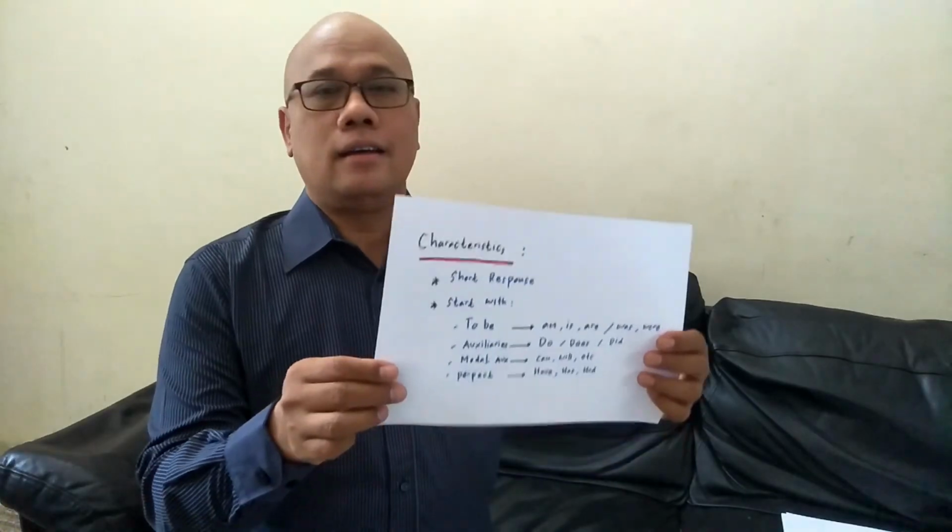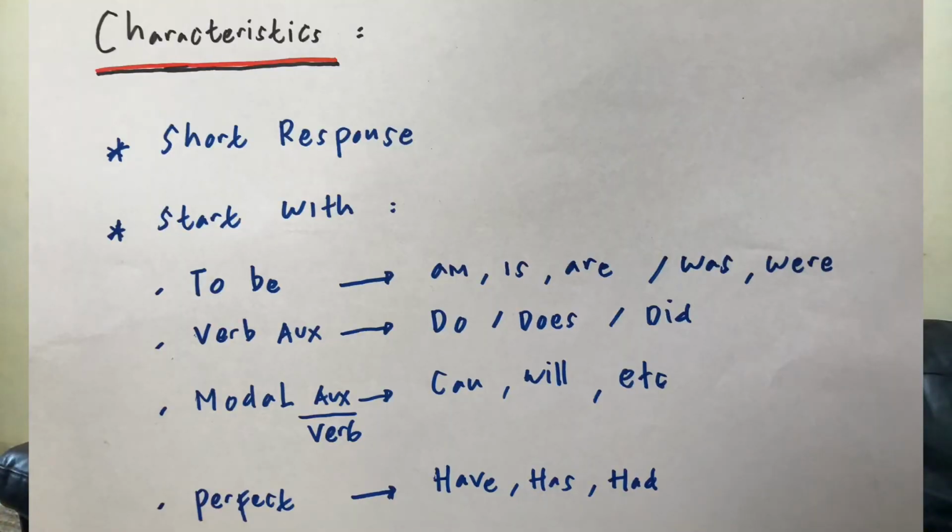It takes a short response, and it always starts with to be, or a verb auxiliary, or a modal auxiliary, or in perfect we have to start with have, has, or had. So it is very important to understand that having this verb in the beginning of a yes/no question is very basic.